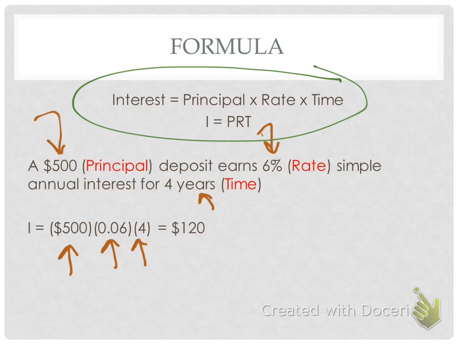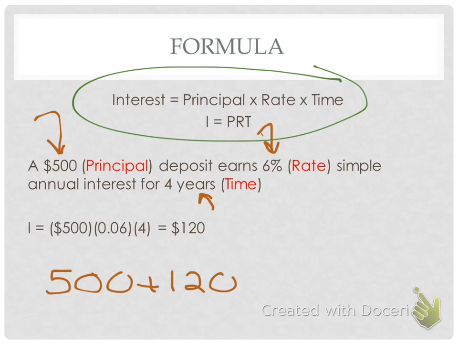How'd you figure that out? You add 120. Okay, so over 4 years, my initial investment of $500 gained $120 in interest just for sitting there. I made $120, okay? And now I have $620. So my money grew because of the investment.